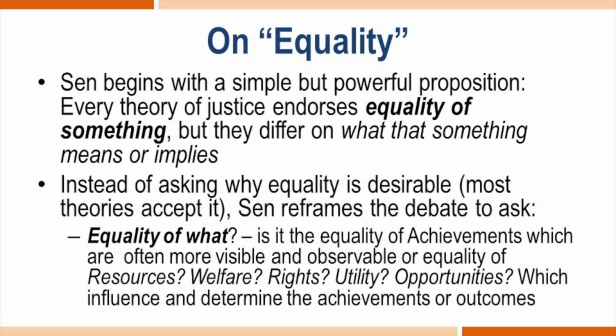And precisely this is the point where we will see the various strands and theories of social justice coming in. So instead of asking why equality is desirable or normatively at least required for a theory of justice and fairness, and most of the theories accept it as something which is given, Sen reframes the debate to ask what it is that we need to address.